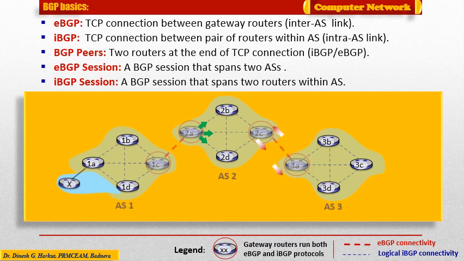Also, when the gateway router in any AS, that is autonomous system, receives an eBGP-learned prefix, the gateway router uses its iBGP sessions to distribute the prefix to the other routers in the AS.